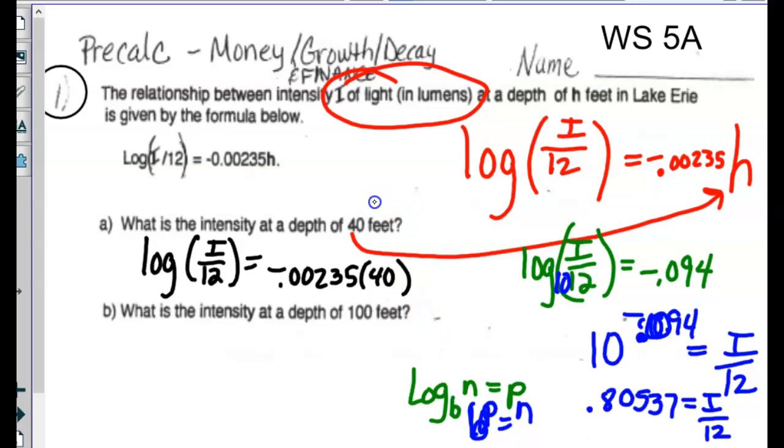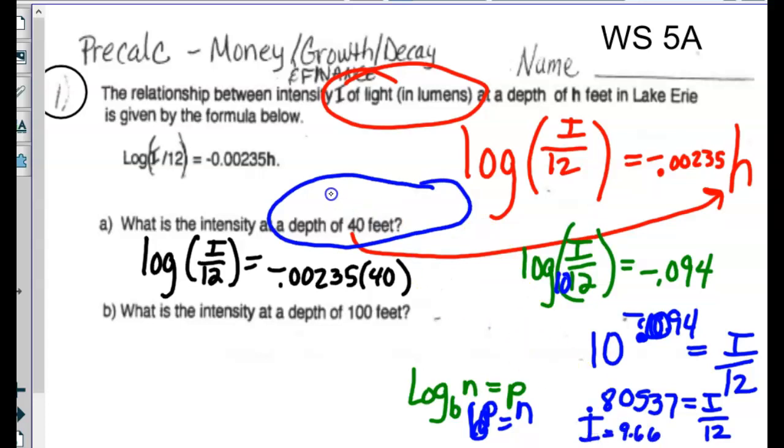So I got the intensity. How do I label that intensity right here? Lumens, yep. All right, so you need to repeat that, but you need to use 100 instead of 40, and then you'll be done with that problem.